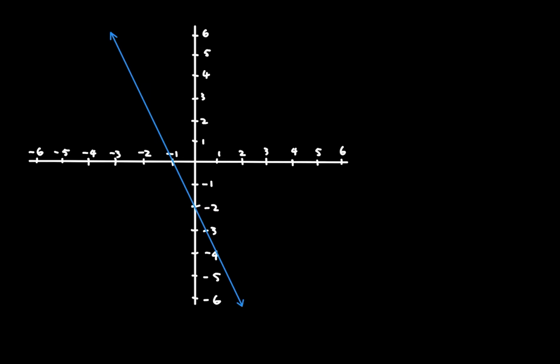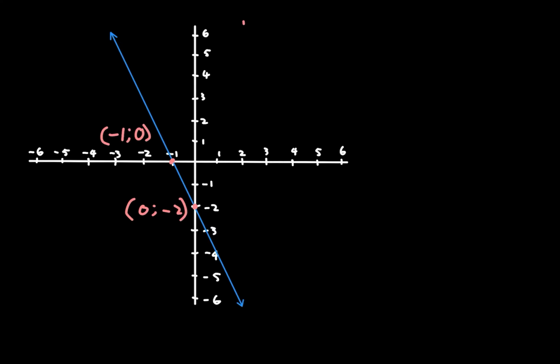So let's go ahead and solve the equation of this line. We notice that we do have 2 points. We have this one here, and we have this one here. This point here is 0 and negative 2, and this one here is negative 1 and 0.